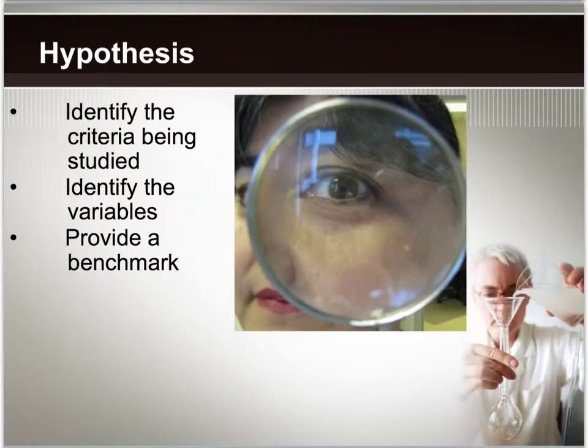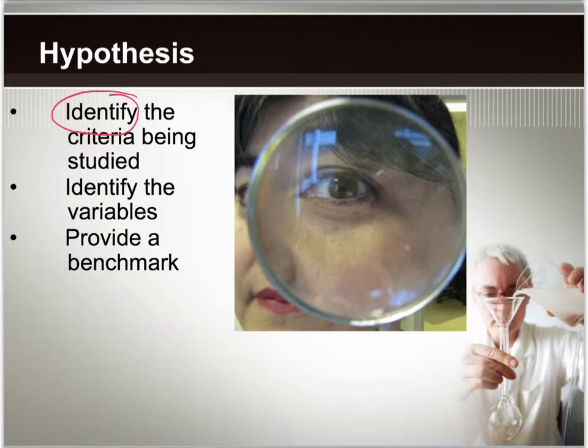Alright, the fundamental point to remember when dealing with hypothesis is that you need to identify the criteria being studied. This enables the scientist to narrow down exactly what they're going to be looking at. They need to determine exactly which criteria and aspects they're going to be studying and how it affects particular things.